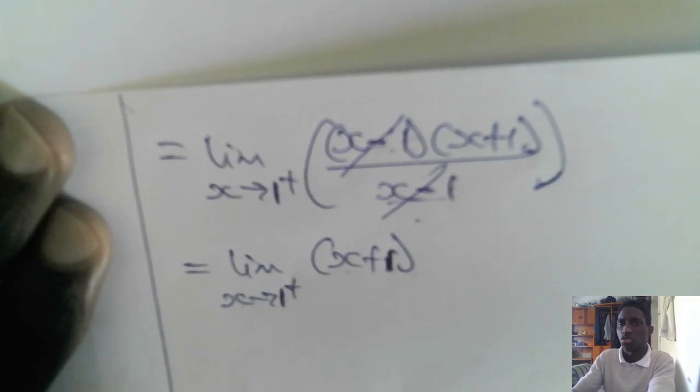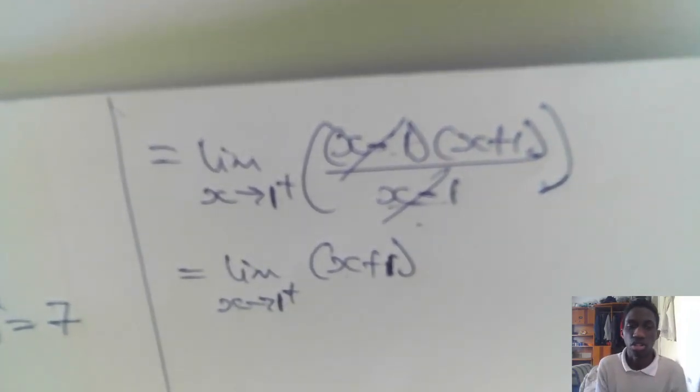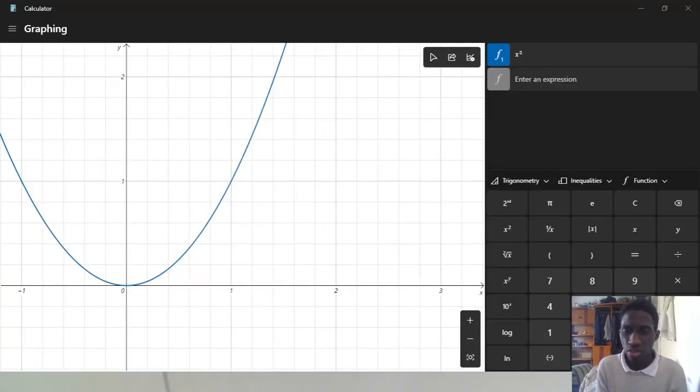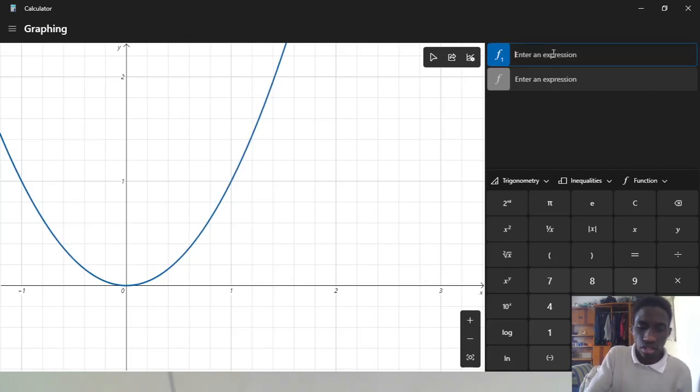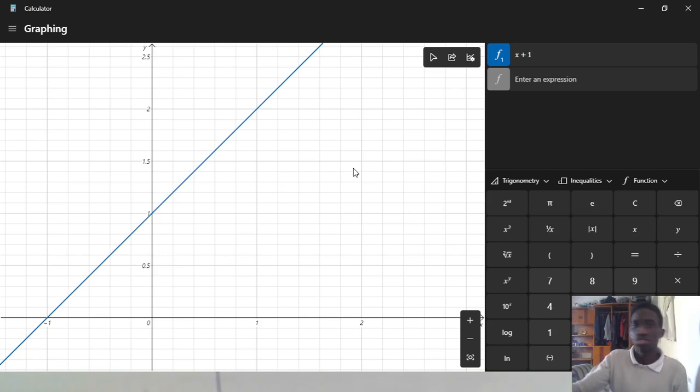What kind of graph am I expecting from x plus 1? It's a straight line, just going straight like that. And we are approaching 1 from the right.